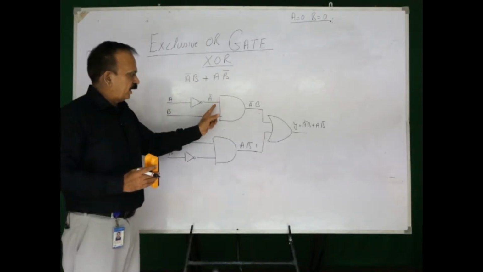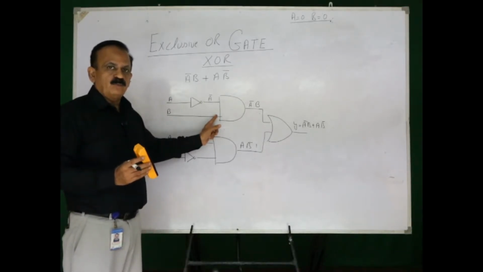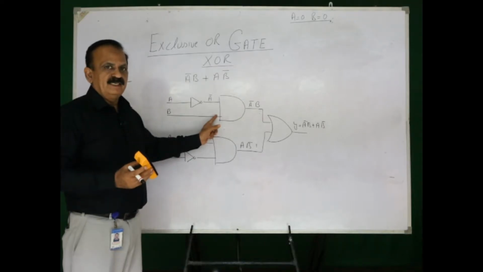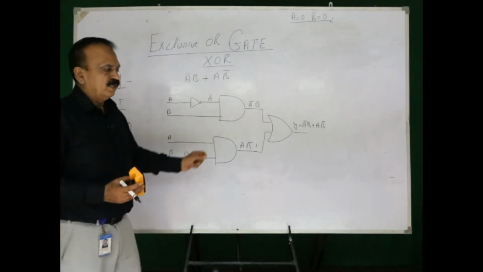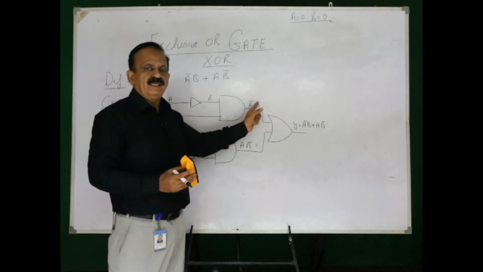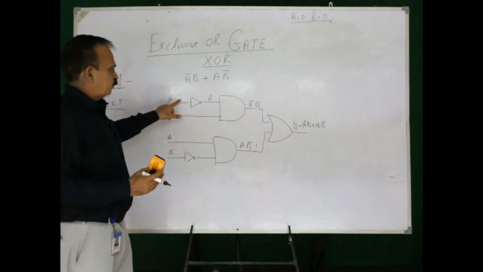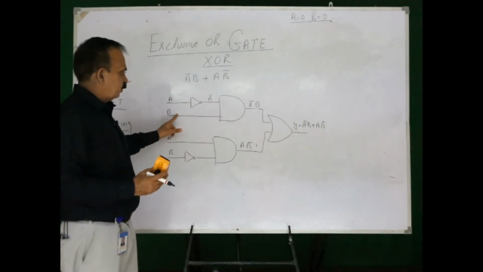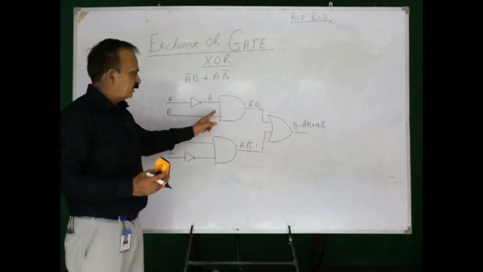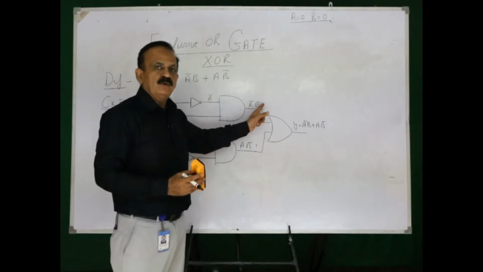We know in an AND gate the output will be high when all inputs are high, but here one of the inputs is 0. So 1 and 0, this A bar B is going to be 0.